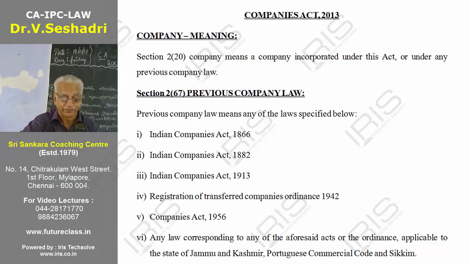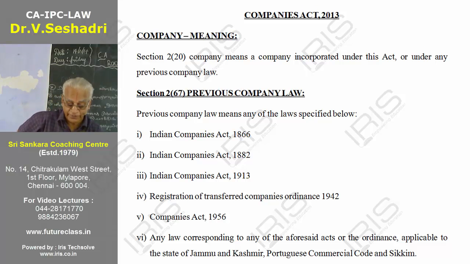That's why, previous company law means any company law which was in existence with reference to India prior to 1866, then 1866, 1882, 1913, 1942, 1956. Last one, any law corresponding to any of the aforesaid Acts, here small letter is there.